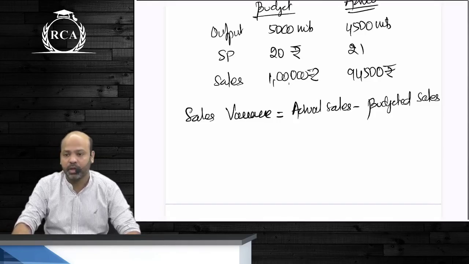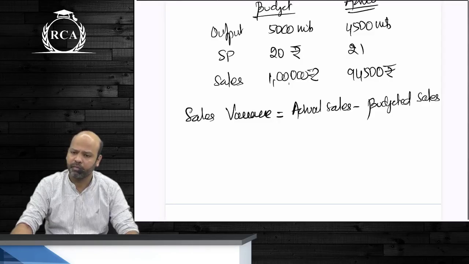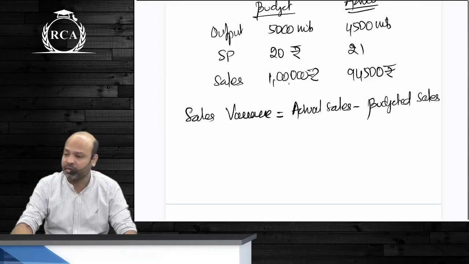What's the formula for material cost variance? Standard price into standard quantity minus actual price into actual quantity.